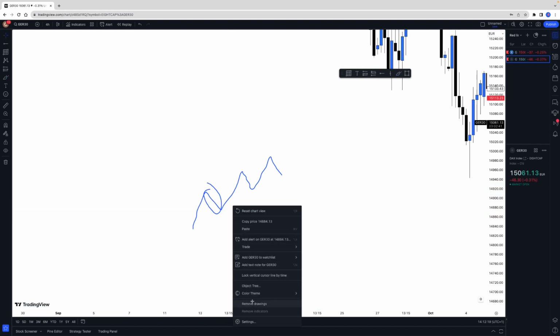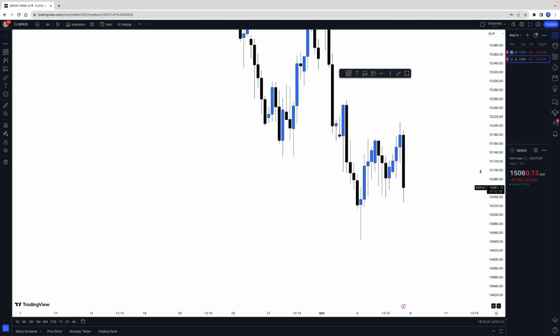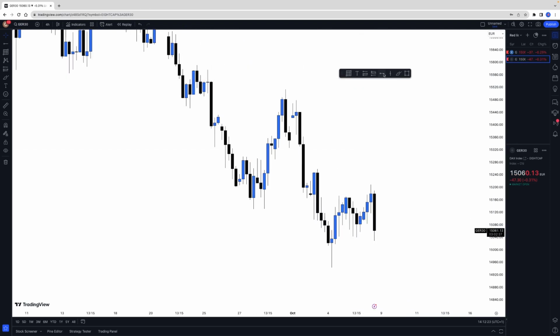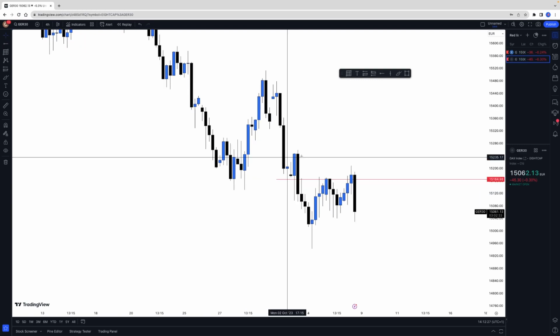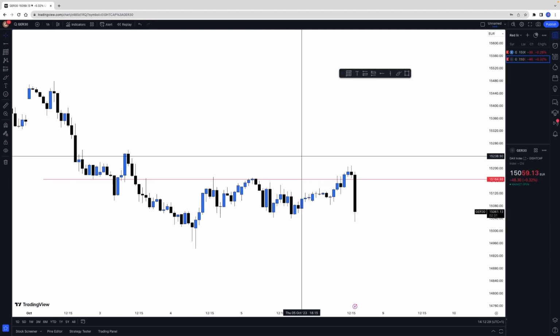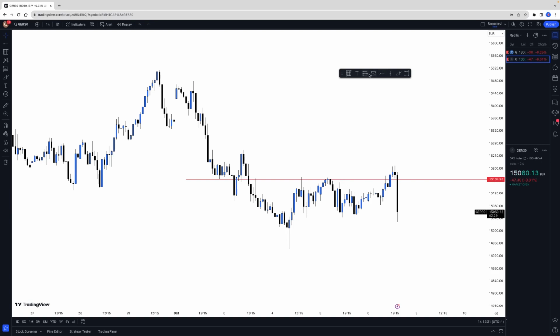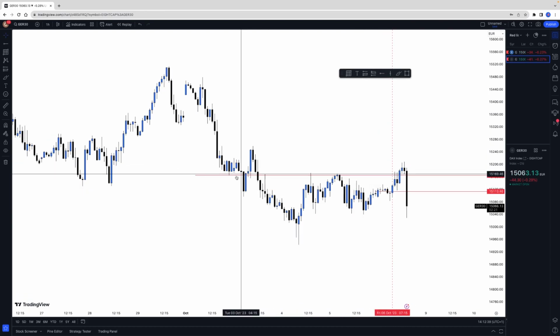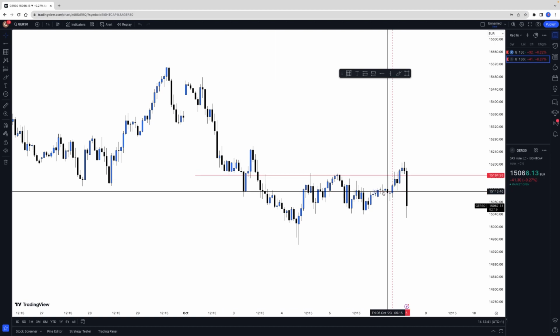Now that we went over that, because we broke structure to the downside on the 4 hour right here, and then on the hourly near market open, we broke structure to the downside again. At 8 a.m., I'm going to put 750 for a sec, because that's where it kind of is, but I'm going to move it. We broke structure to the downside on the 4 hour here, hourly down here.